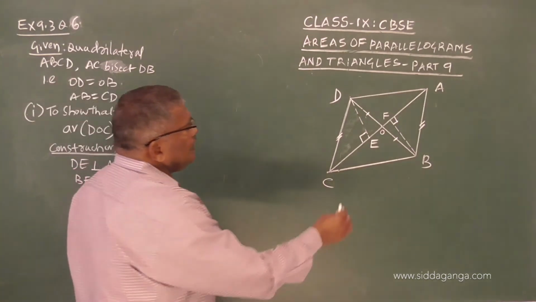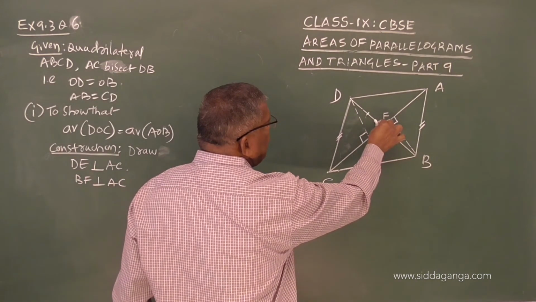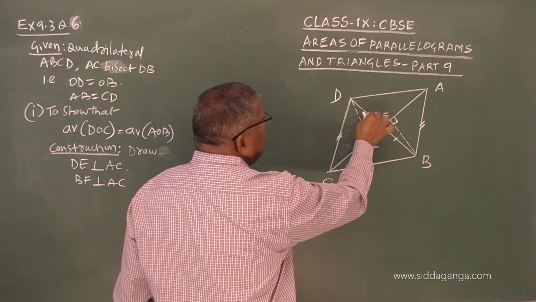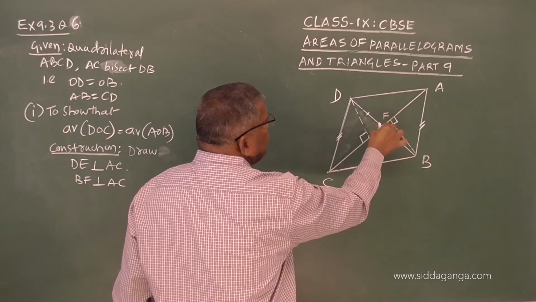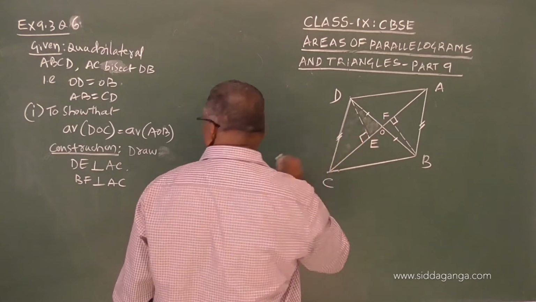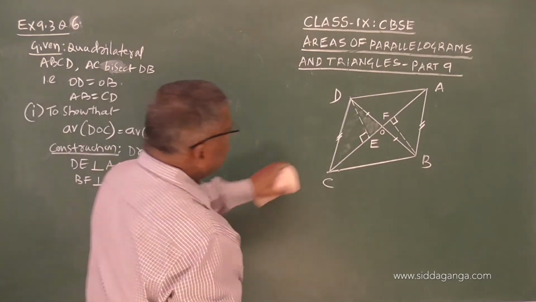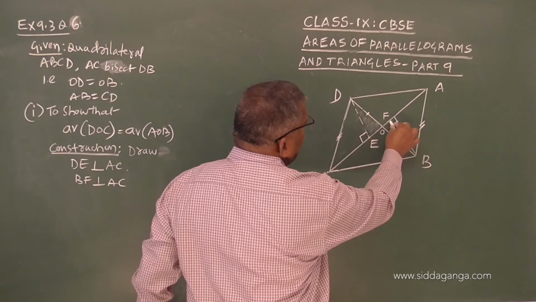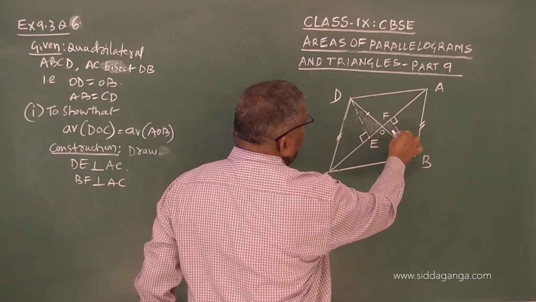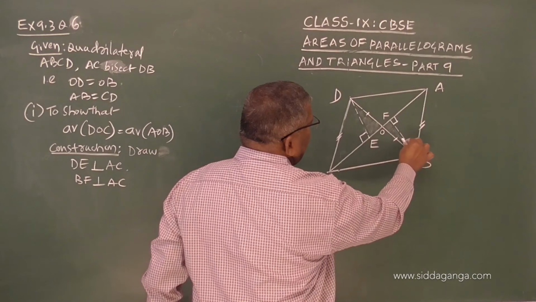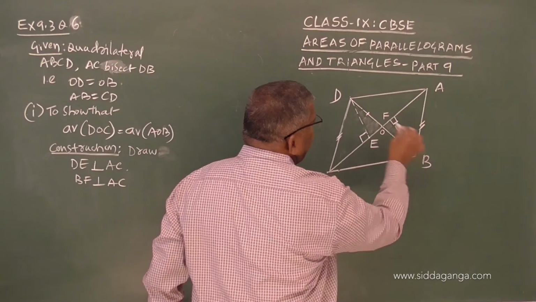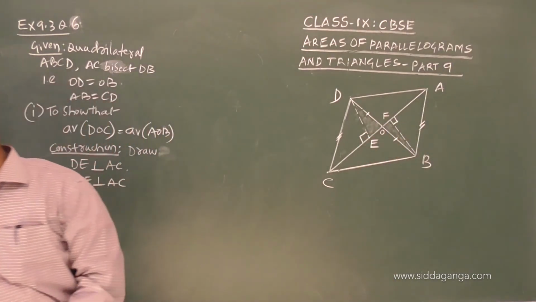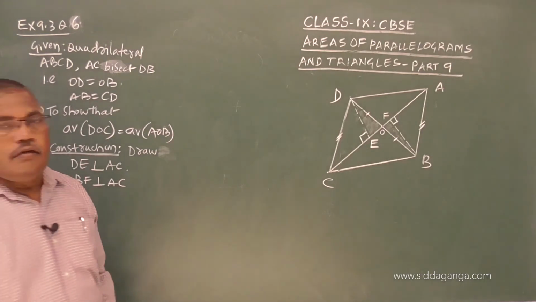Now, consider these two small triangles which I am hatching here, DOE and BOF, these two triangles, DOE and BOF.